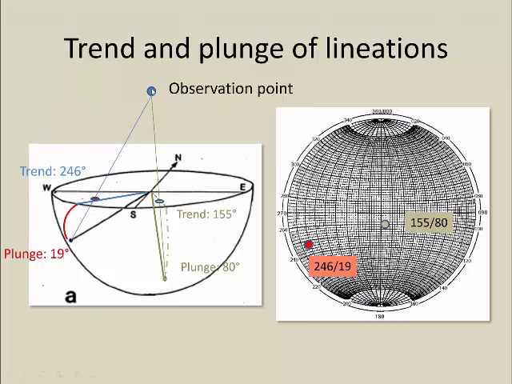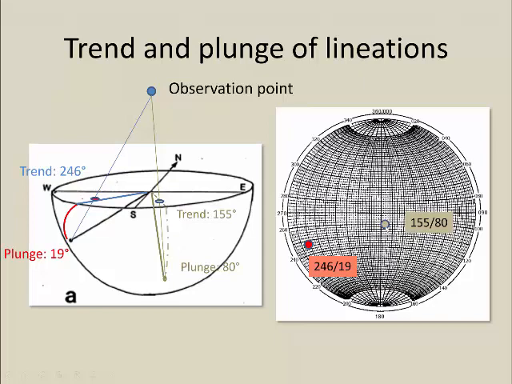And from our observation point, we would look at the intersection point of this lineation and we will find this is fairly steep down. It's almost in the center of our lower hemisphere. And if we draw a line from the observation point to the intersection point, we hit the Stereonet, the equatorial plane, fairly close to the center.